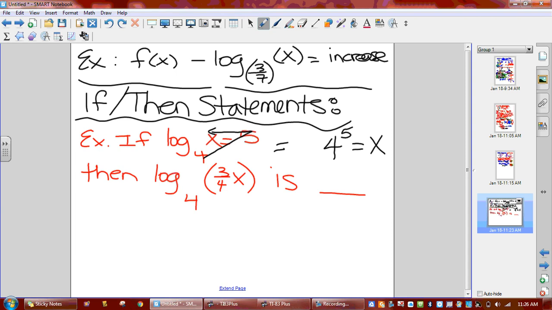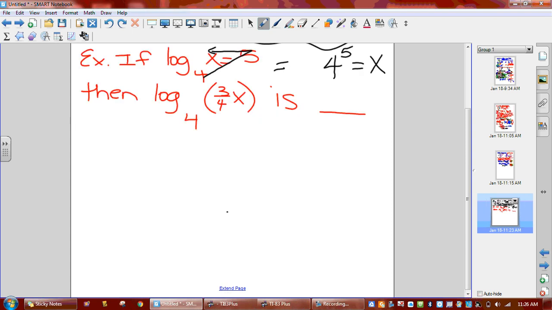So how big is 4 exponent 5? 1024, correct? So now we've solved that 4 exponent 5 is equal to 1024. Now we're going to put that in where this x is to solve for it.